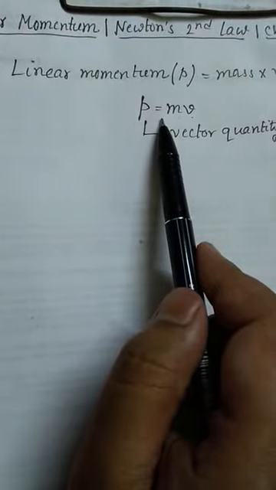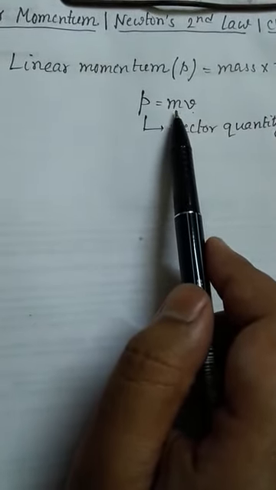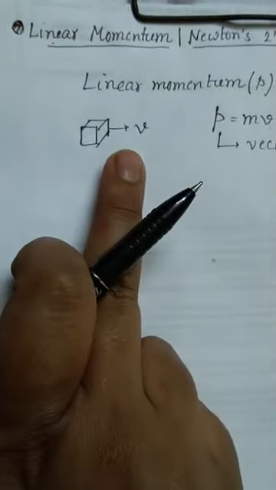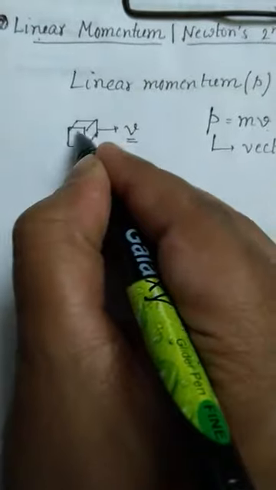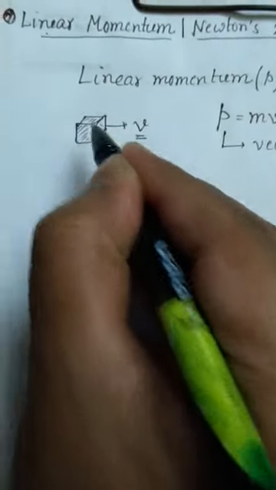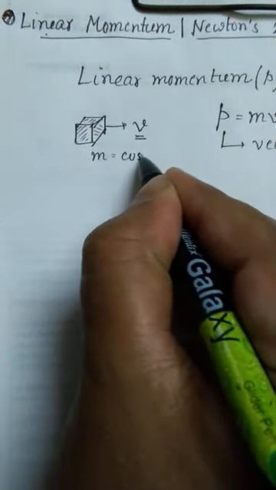But in most cases the mass remains constant. Suppose this is an object of mass m moving with velocity v. Its velocity can change, but will its mass change? Of course, if we take a fixed object, its mass will not change, so we can take mass as a constant.